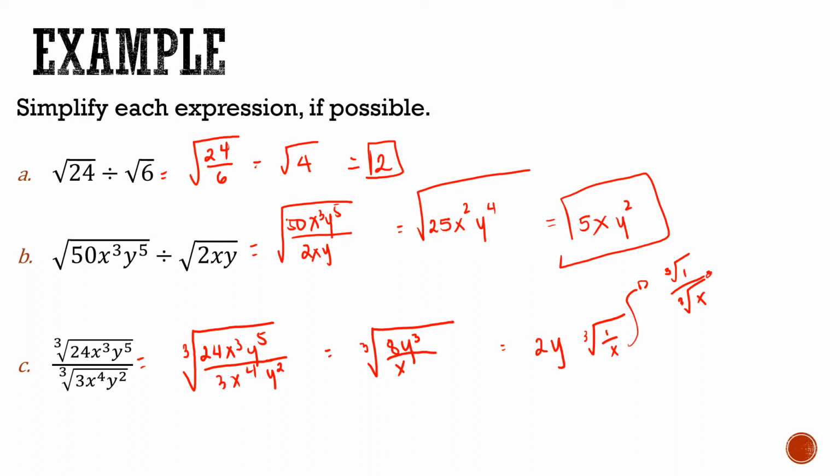So we will be multiplying both numerator and the denominator by the cube root of x squared over the cube root of x squared. So this will become the cube root of x squared over x. So the final answer is 2y cube root of x squared over x.